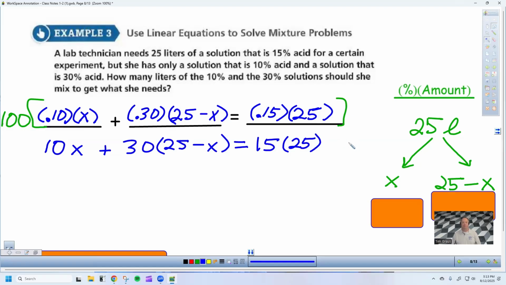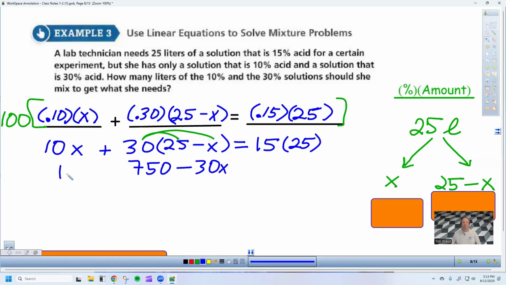Well, let's go through this process here. I see some more distributing to do. 30 needs to multiply times 25 and times that negative X. 30 times 25 is 750. And 30 times negative X is minus 30X.